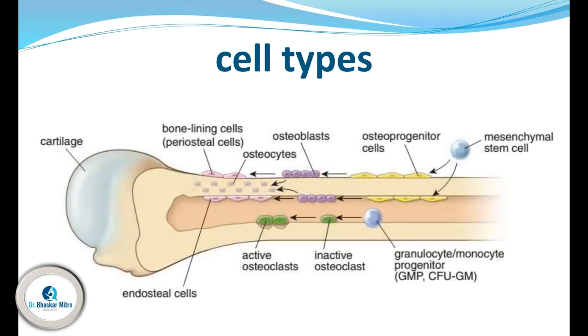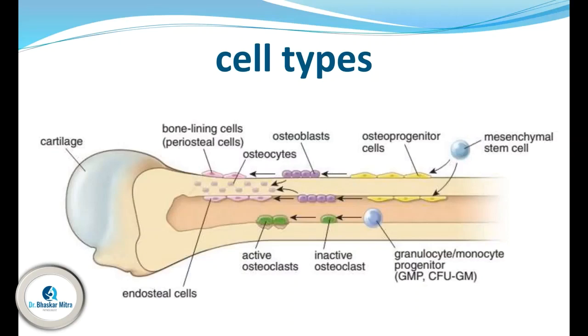Before going to the details of the individual cells, I would like to show you this picture. This picture gives you a very clear-cut idea of the function of the individual cells present in the bone. First of all, the mesenchymal stem cells give rise to the osteoprogenitor cells.